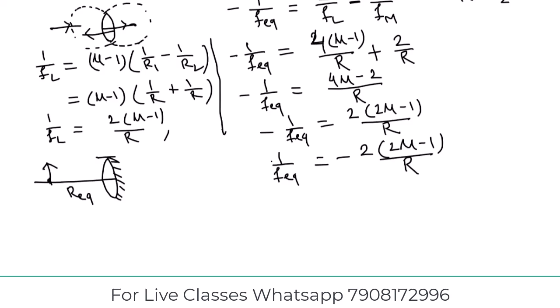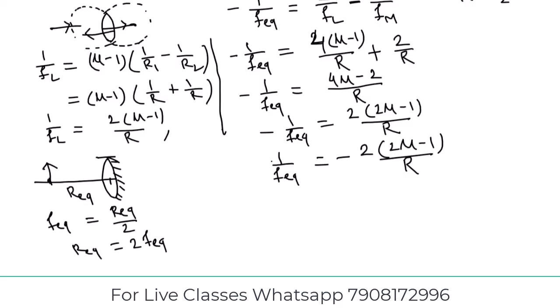So f equivalent is equal to r equivalent divided by 2, so the object should be put at r equivalent, or r equivalent is equal to twice f equivalent.